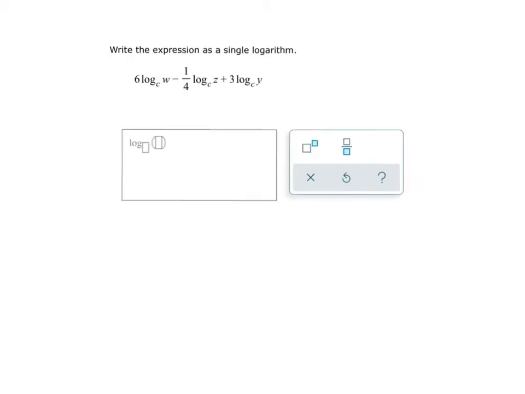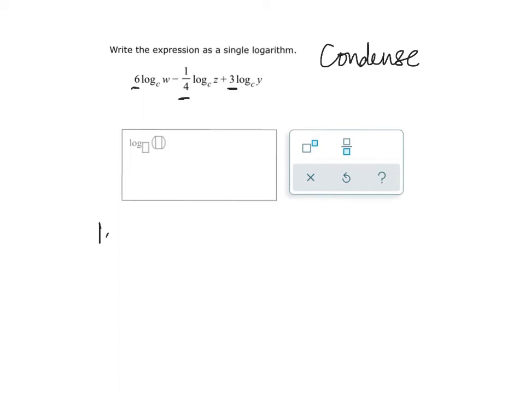So now this type of problem says write the expression as a single logarithm. You might also see them ask you to condense. So the last problem we expanded, and now we're going to condense. Notice the bases are all the same, so we're going to work backwards this time. First, we want to use the power property, which means all of these numbers in front of the logs we can write as exponents.